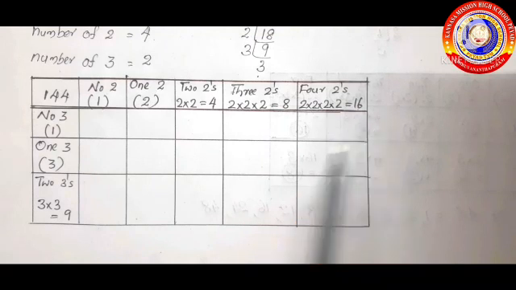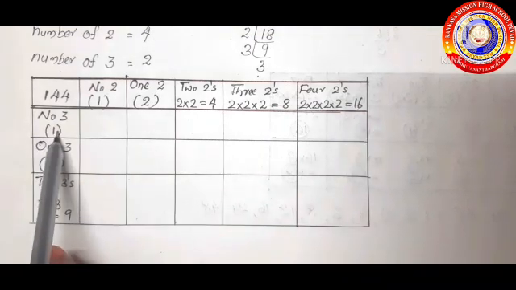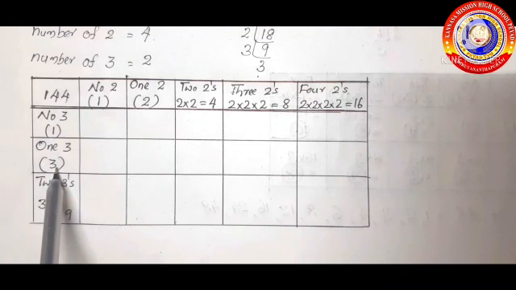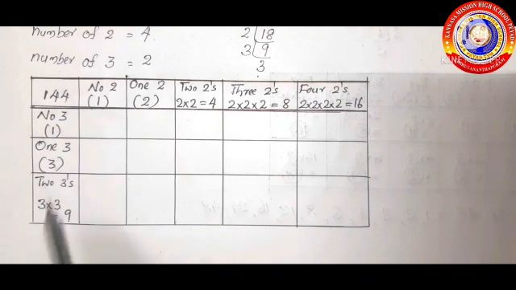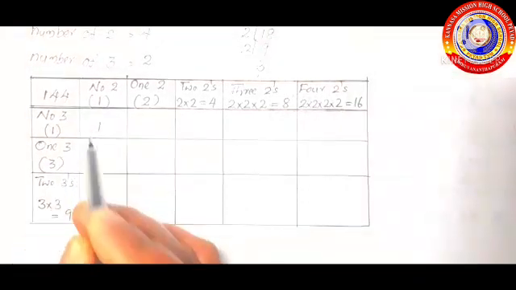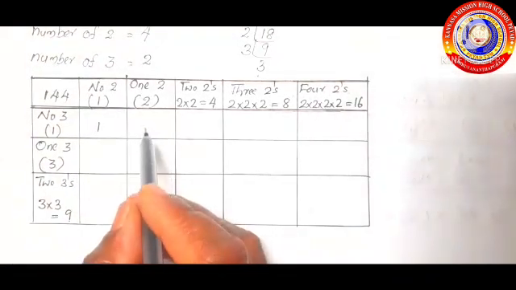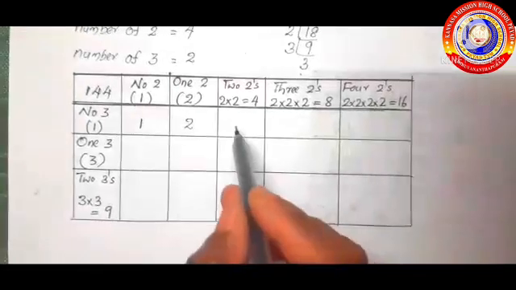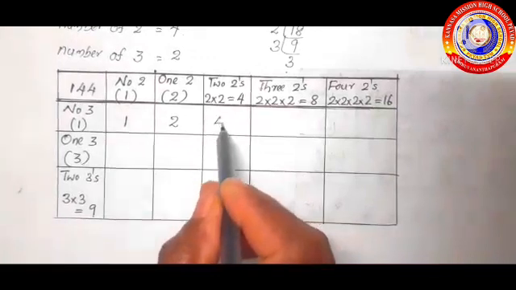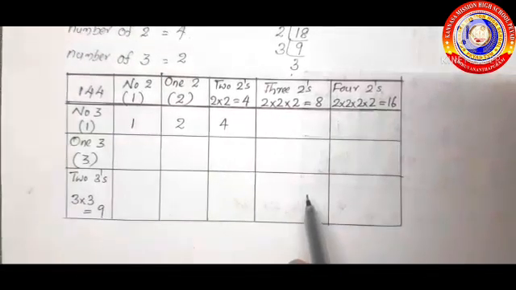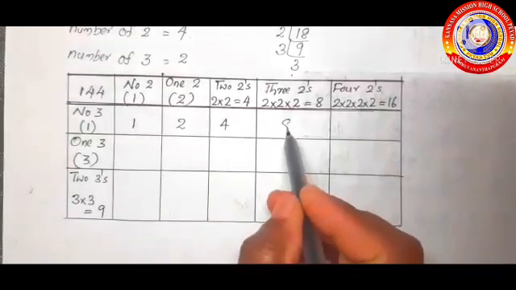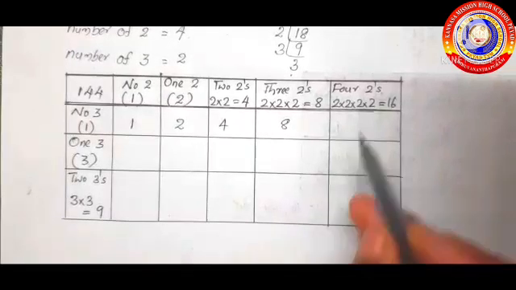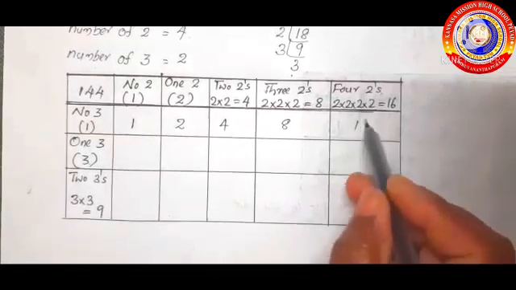And there are 2 3's, so the first column contains no 3, 1 3 and 2 3's. No 2 means 1 is a factor. 1 2 is 2. 2 2's are 4. 3 2's are 8. And 4 2's are 16.